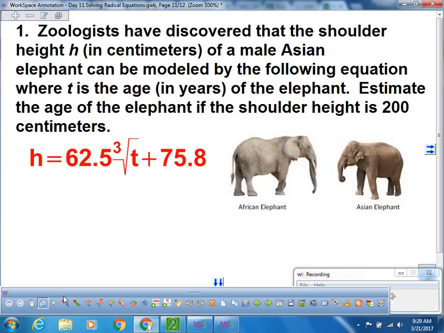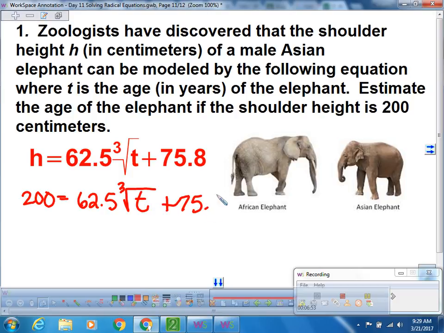So height, age. Estimate the age of the elephant if the shoulder height is 200 centimeters. So if I know what h is, it's 200 centimeters, all I'm doing is substituting that in. So 200 equals 62.5 times the cubed root of t plus 75.8.